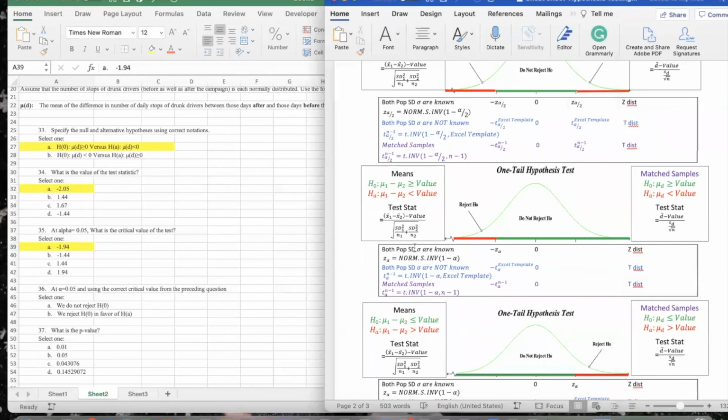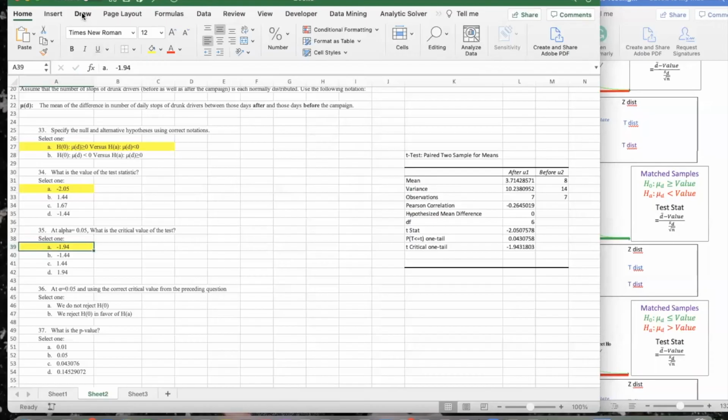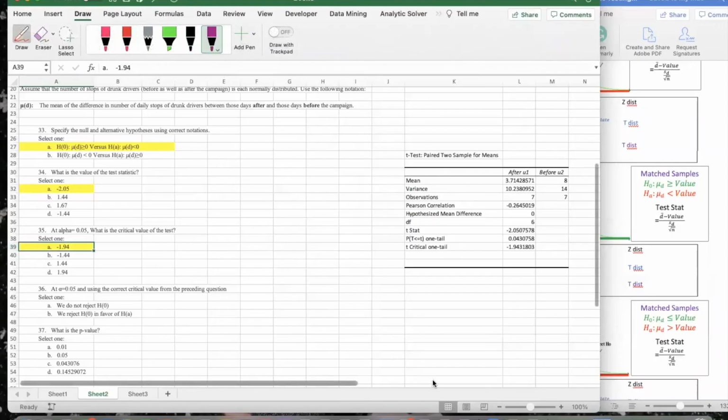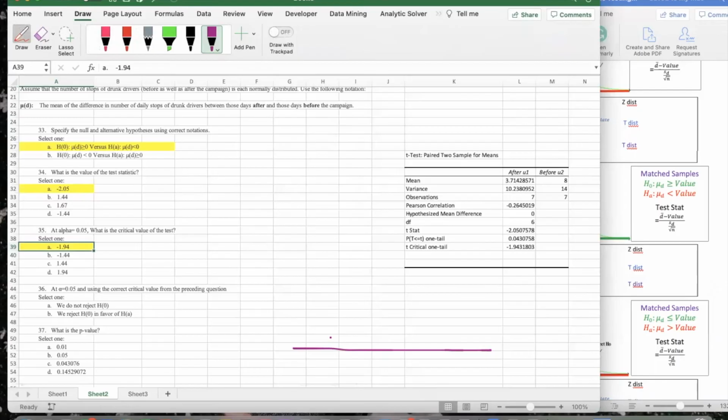So let me draw this out. So this is what we have. Let me make this in red because this is our rejection region.